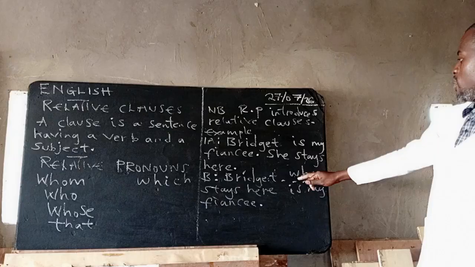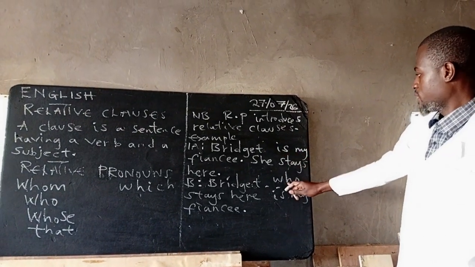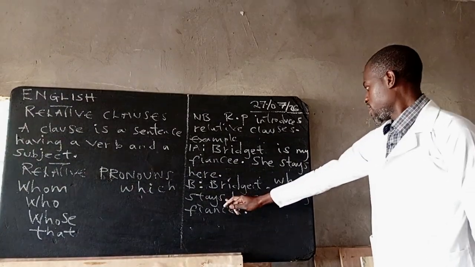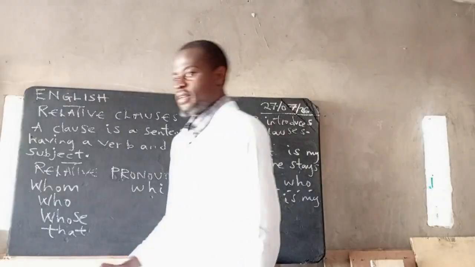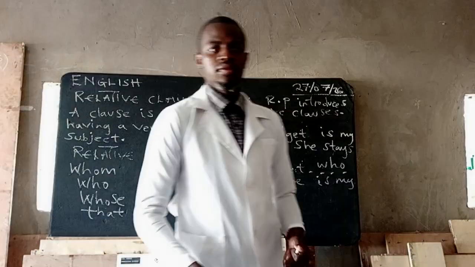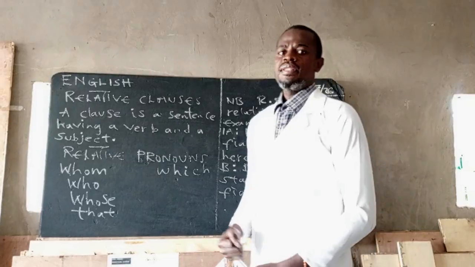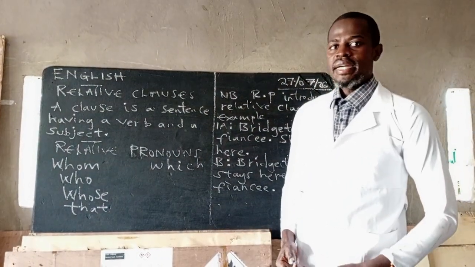Who always introduces the relative clause, because I said relative pronouns introduce relative clauses. So the relative clause will start from here: stays here. That's my relative clause. Why? Because it is telling us information about the subject, Bridget. As simple as drinking water, guys.